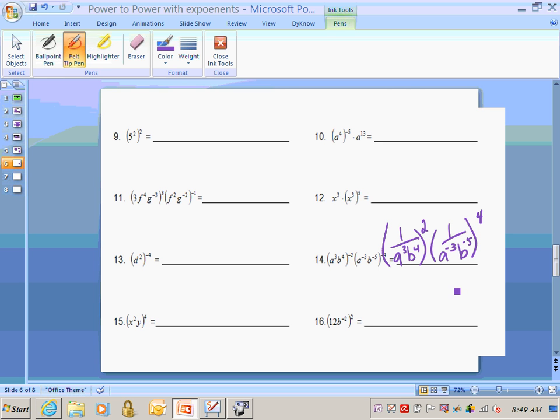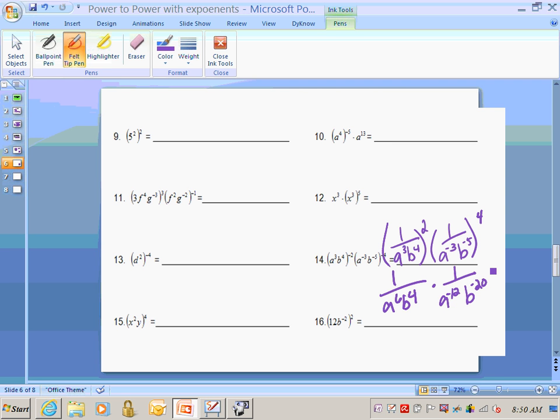Why are we flipping? You don't have to. I'll do it the way you like to do it here in a second. Mason wanted to flip it first. So if I do this, I would have 1 squared, which is 1. So I have 1 over a to the 6th, b to the 4th, times 1 over a to the negative 12, b to the negative 20. Is this what you're doing, Mason? Yeah. So then we're going to fix these numbers. Really, from here there are 2 ways you could go.